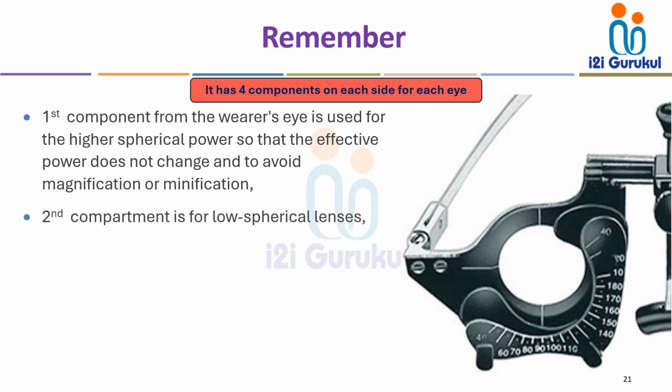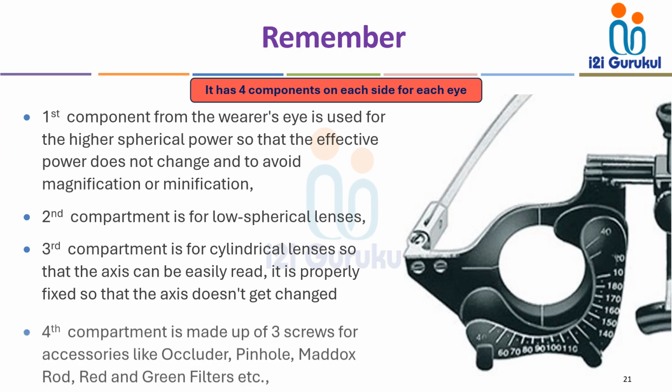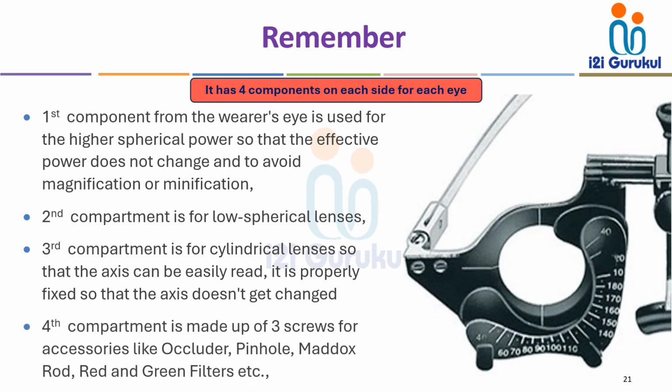The second compartment is for low spherical lenses, and the third compartment is for cylindrical lenses, so that the axis can be easily read. It is properly fixed so that the axis does not get changed during your axis rotation. And the fourth compartment is made up of 3 screws for accessories like occluder, pinhole, Maddox rod, red and green filters, etc.